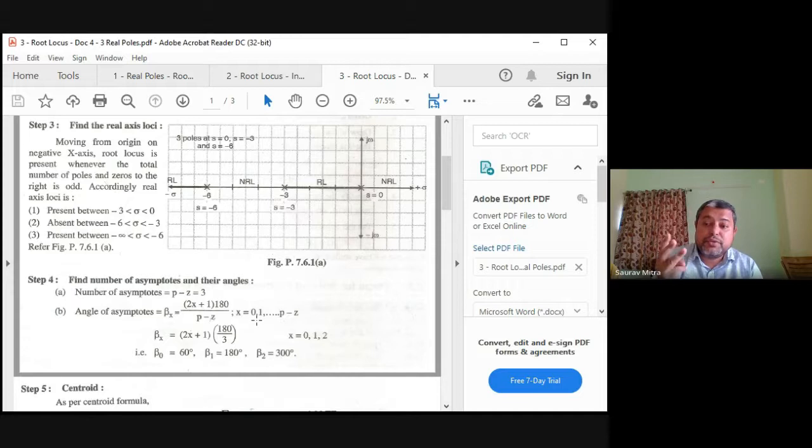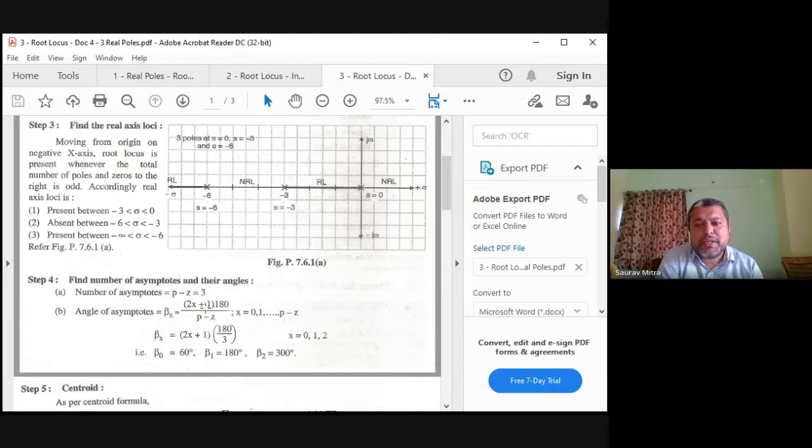So as there are 3 asymptotes, you are supposed to substitute x as 0, 1 and 2. If you are substituting x is equal to 0, so in this case we have found out p minus z is equal to 3. That means this x value will be 0, 1 and 2. And angle for theta c or beta x, whatever you call, theta c is the asymptotic angle and beta x is also the asymptotic angle.